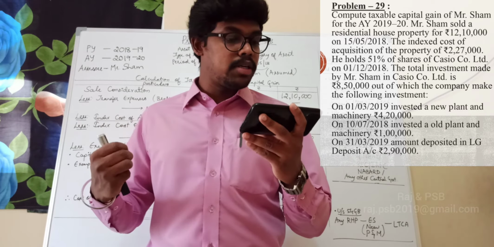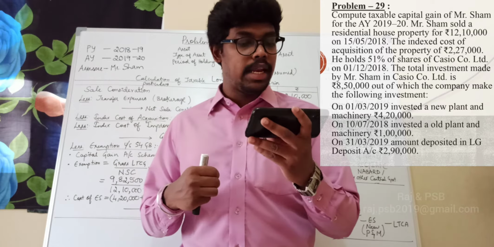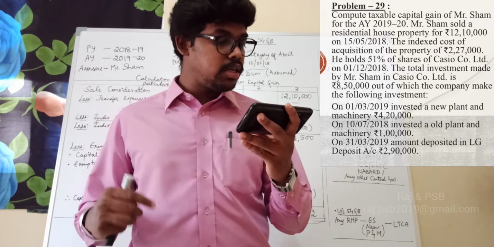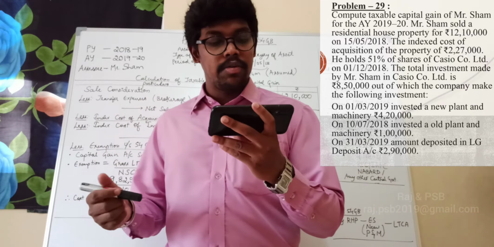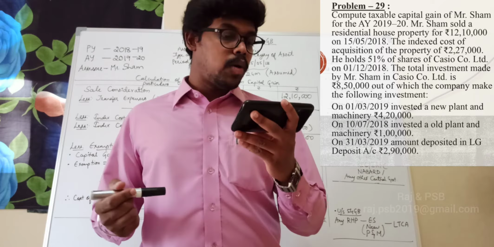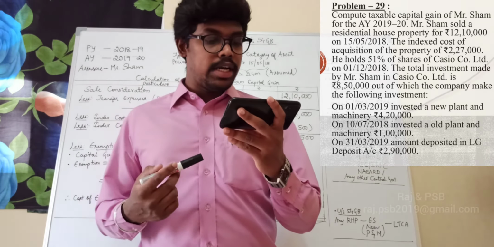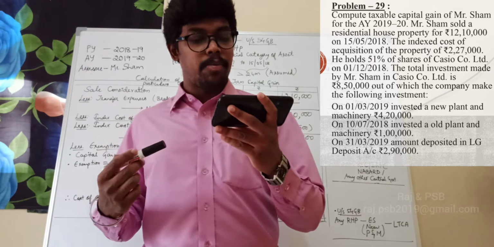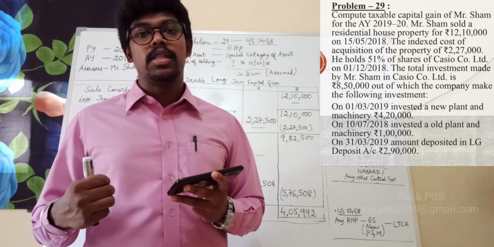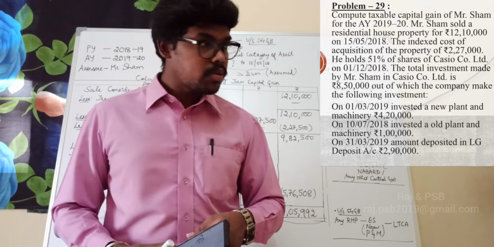There are 3 investments: on 1/3/2019 invested in new plant and machinery ₹4,20,000. On 10/7/2018 invested in old plant and machinery, that is ₹1 lakh. On 31/3/2019 amount deposited in the deposit account, that is 2,90,000. So 3 investments have been made. Let us see how each one is treated.